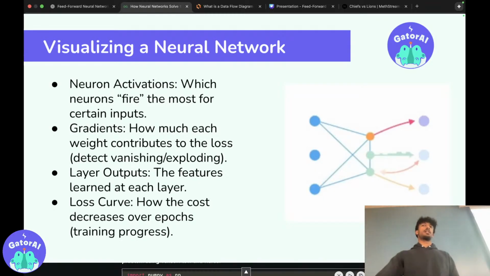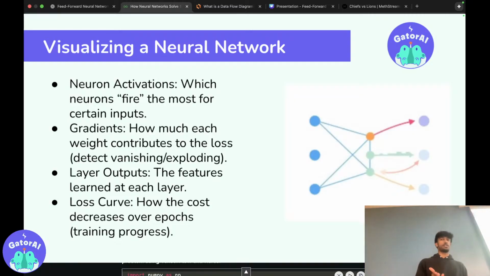Okay, visualizing a neural network. Visualization is pretty underrated in my opinion, but it's extremely powerful. You can visualize activations, gradients, or even which features your network wants to focus on. In convolutional neural networks, for example, we can see which parts of an image activate neurons.